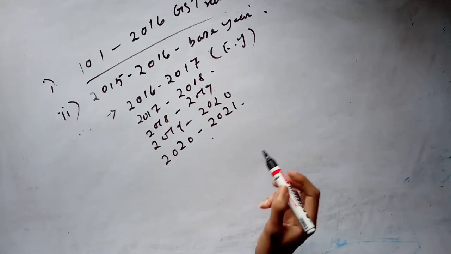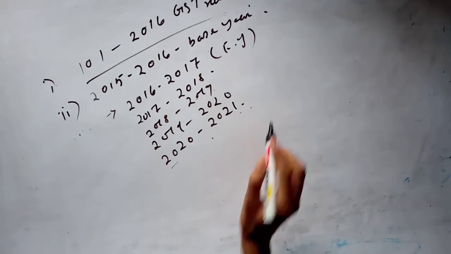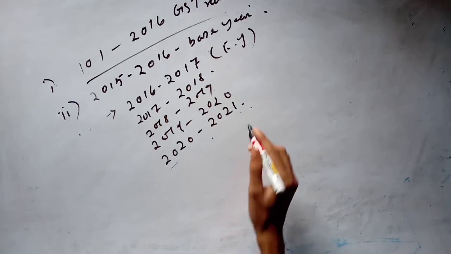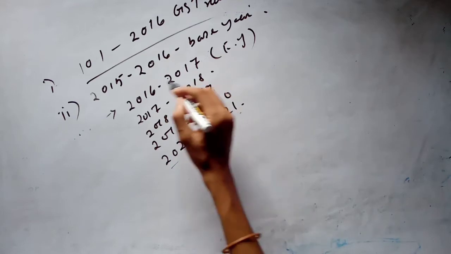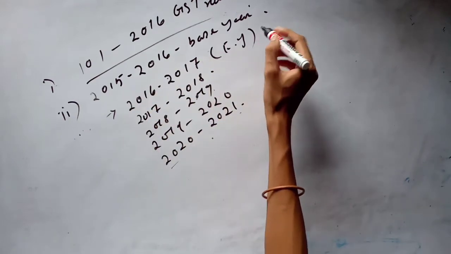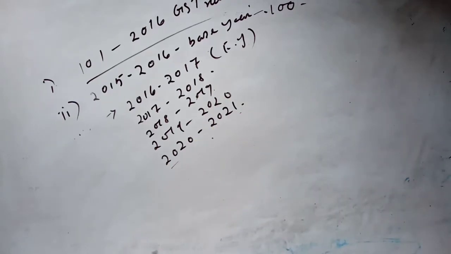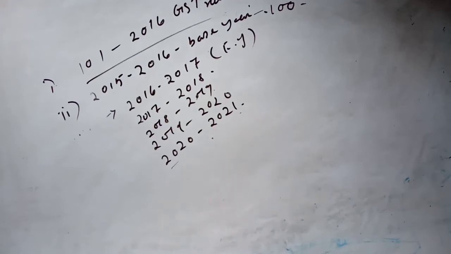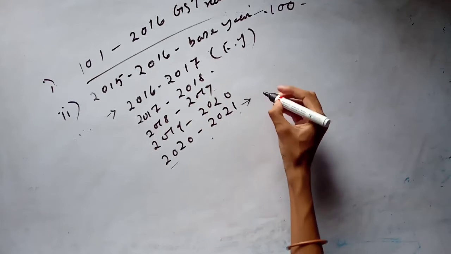So what will be the assumed revenue for 2020-2021? There is a method of calculation which is called compound interest calculation. So how will we calculate it? 2015-16 is the base year, with revenue collection of 100. Now what will be the revenue of 2020-2021?